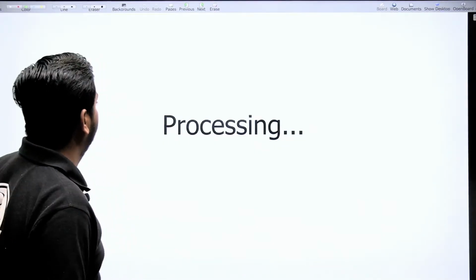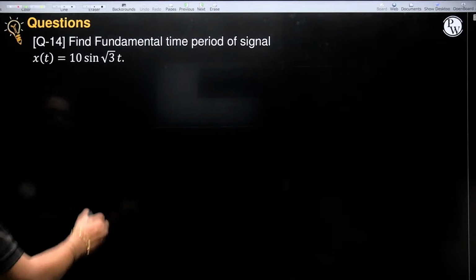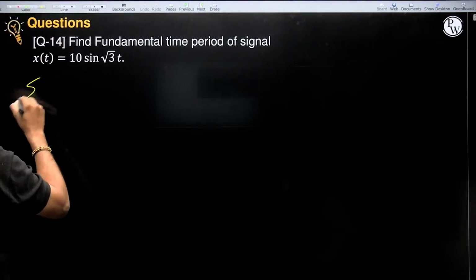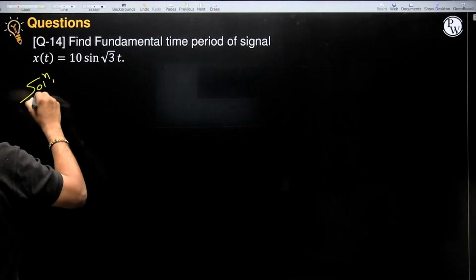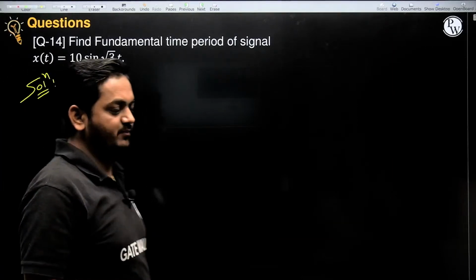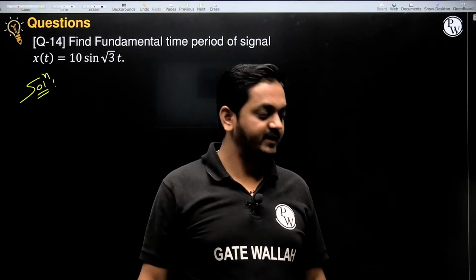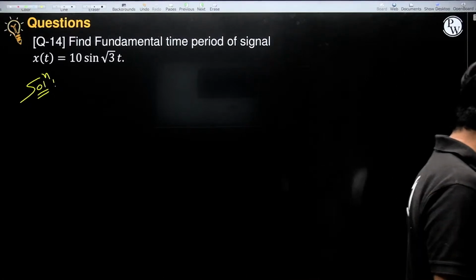Now, next question. See here. Tell me whether this is periodic or aperiodic. If it is periodic, then tell me the fundamental time period. Sine root 3t. Periodic or aperiodic?